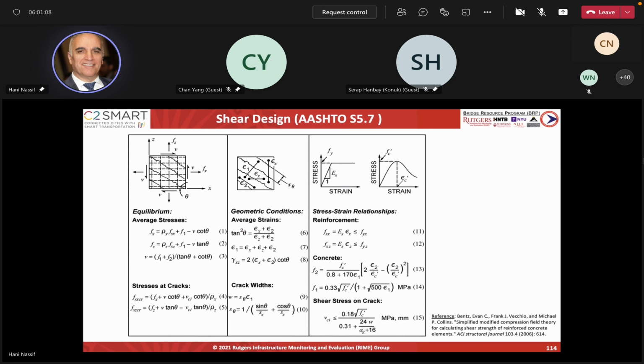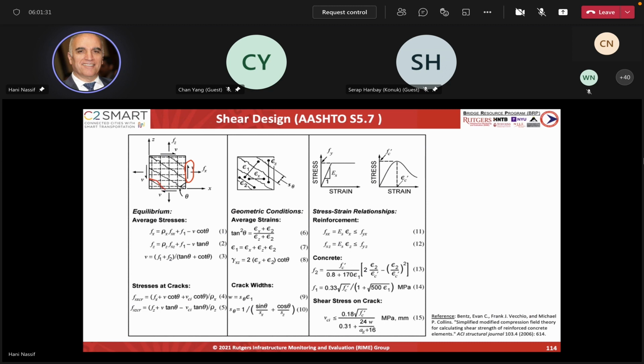So he looked at equilibrium. From equilibrium, the applied shear has to be equal to the internal forces, okay? And he used the average stresses, and he calculated the stresses at the cracks, before it cracks, what they are going to be.